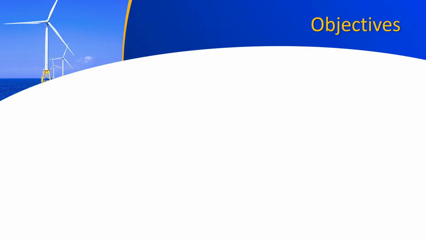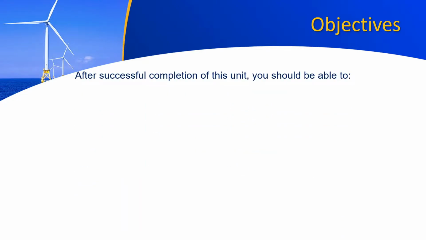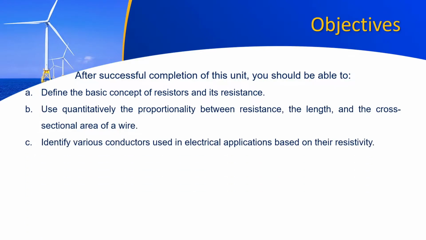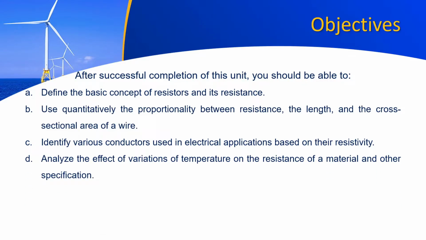Our objectives for this topic: after successful completion of this unit, you should be able to define the basic concept of resistors and its resistance, use quantitatively the proportionality between resistance, the length, and the cross-sectional area of a wire, identify various conductors used in electrical applications based on their resistivity, analyze the effect of variations of temperature on the resistance of a material and other specification, and determine the value of a resistor based on the color coding.